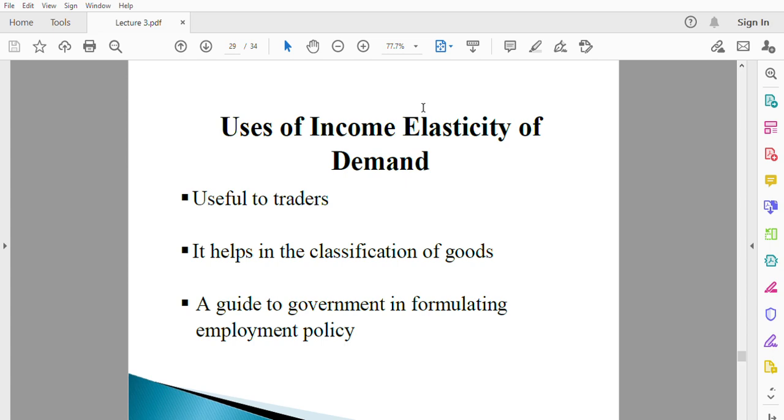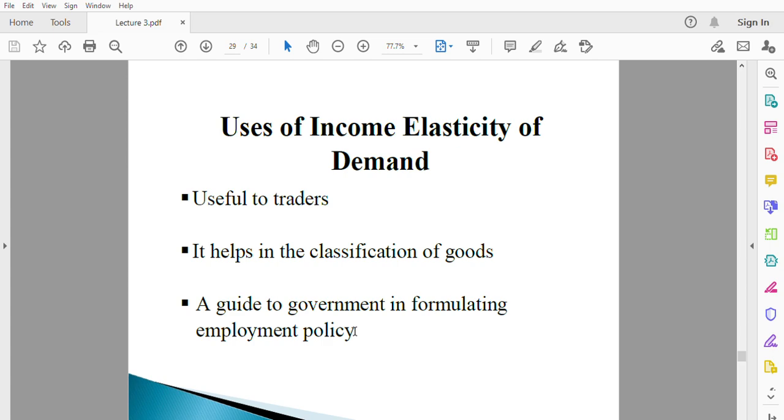So for a decision on employment to be made, the income elasticity of the good or service that will be produced should be known. And knowing it, it will give you an idea on whether it will be purchased or patronized after it is produced. If it will be patronized, the government will employ more people so that more of such goods are produced, and vice versa.